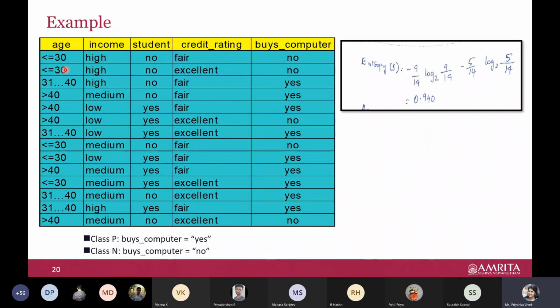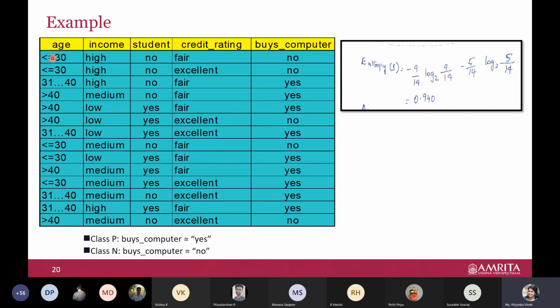Now in this 5, how many are positive, how many are negative? Positive, negative means the class is yes or no. First we are talking about age only. The first value of age is less than or equal to 30. In that, there are 5 out of 14 instances.